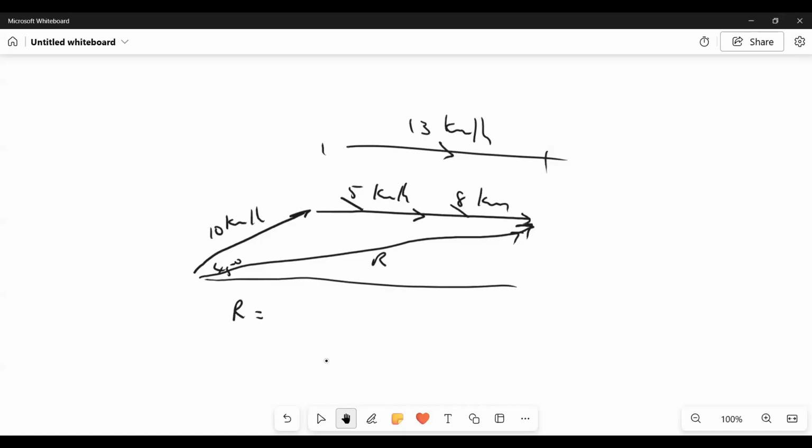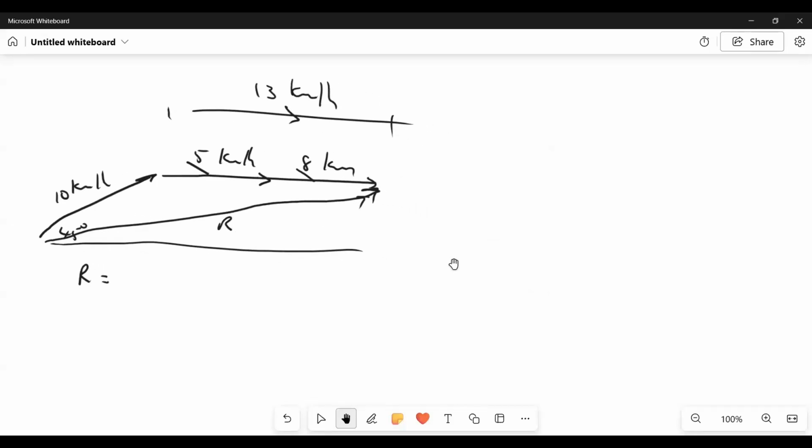Yes, sir. But most of us don't, right? So what we're going to do is use what we just learned to find this resultant without using the cosine rule. It might be a little long-winded, but let's try it.